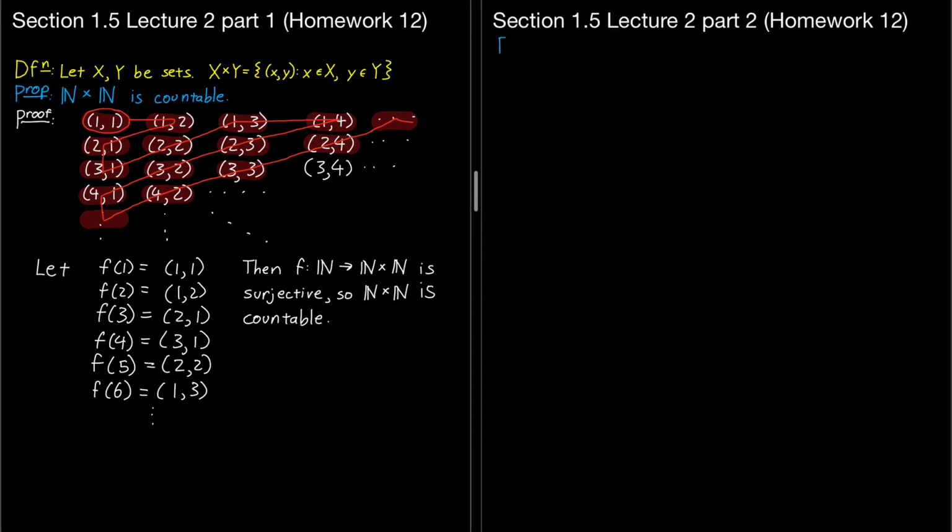The next proposition says that it's not just the natural numbers cross the natural numbers. Let X and Y be any two countable sets. Then the Cartesian product of X and Y is also countable.